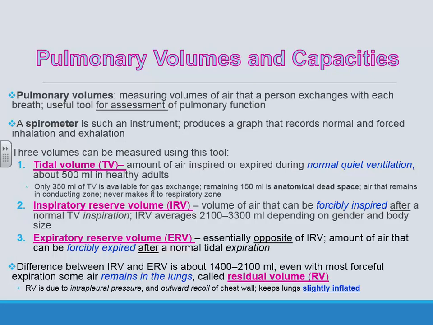With this, we know that the IRV and the ERV can range from 14 to 2100 milliliters, but some of the air that remains in the lung that is called the residual volume is very much necessary to help with intrapleural pressure, also with the recoilability within the thoracic and chest wall, and it does keep the alveoli slightly inflated. So residual volume is very important. Usually a lot of patient assessment has to do with tidal volume, how much air is actually being moved with normal quiet ventilation, so no forceability.